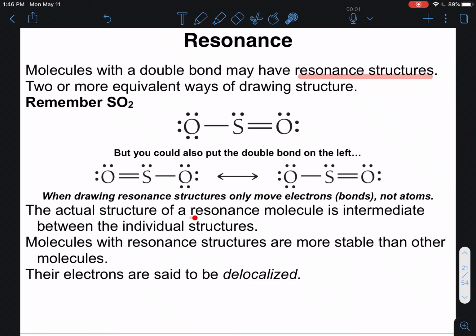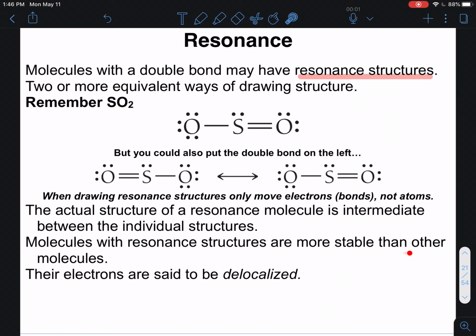The actual structure of the resonance molecule is an intermediate between the individual structures. That's what happens in real life. But if I were to ask you to draw both resonance structures of SO2, you would have to draw both of these and connect them by a double-headed arrow.